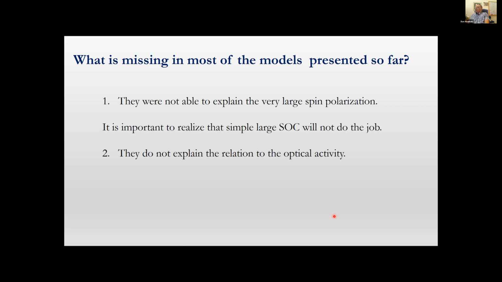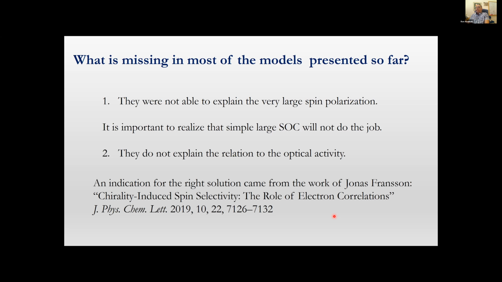The model that I presented before cannot explain the relation to the optical activity. Now, a very interesting indication for the right model was given by the work of Jonas Fransson, and basically he realized that if you put electron correlation into the model, the theoretical results start to look more like the experiment.